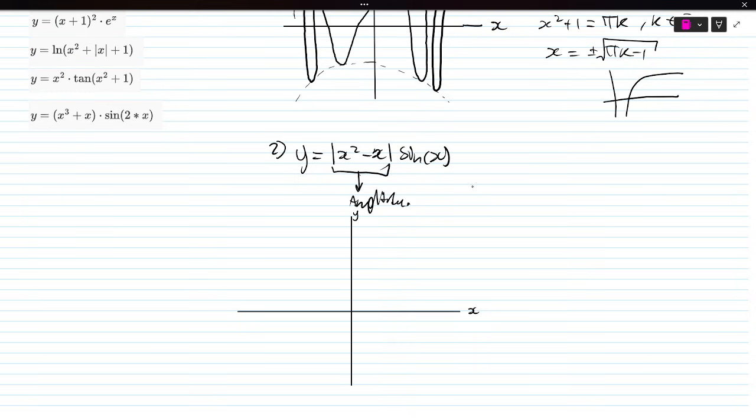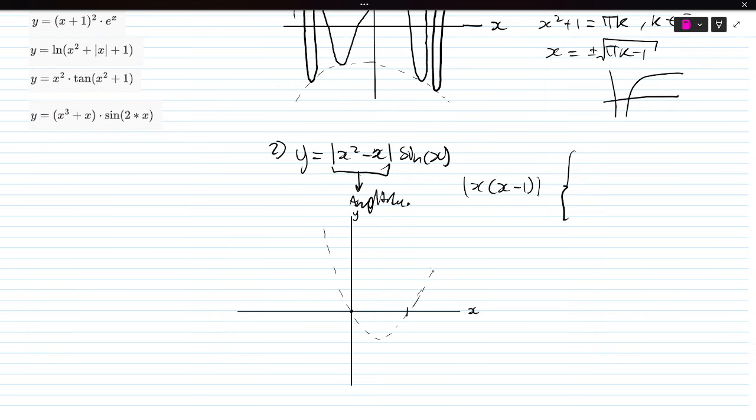The modulus graph looks like the following. Actually, I'm just going to draw a root at x equals 0 and x equals 1. So this is what the quadratic would look like.